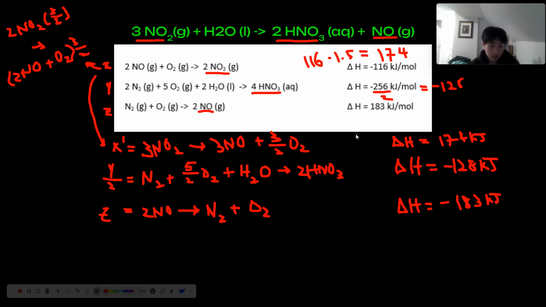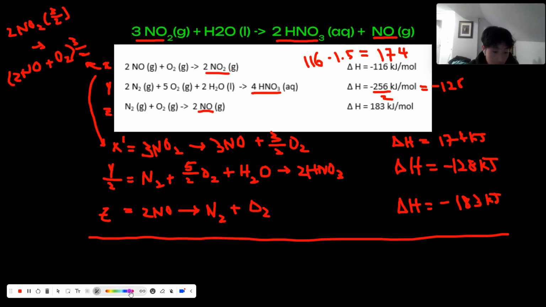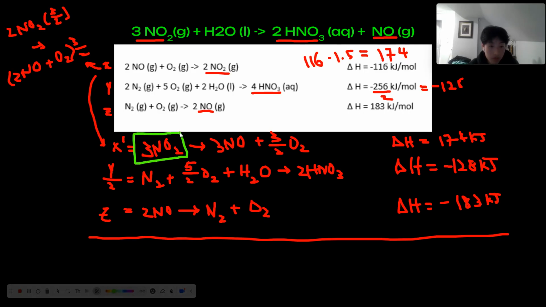Now we need to get this green reaction here, the overall reaction, to be the same as these 3 reactions combined. So let's work with what we have. We have the 3NO2. I'll actually use a different color for this. We have 3NO2, that's good.